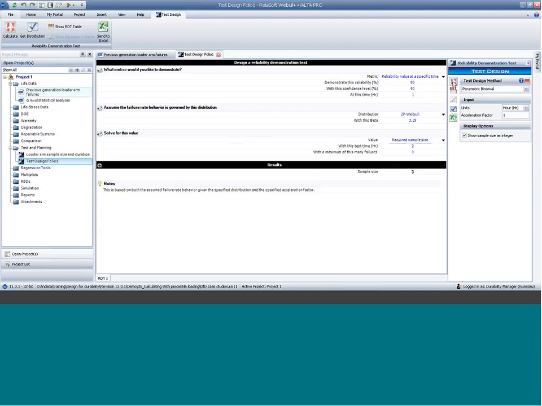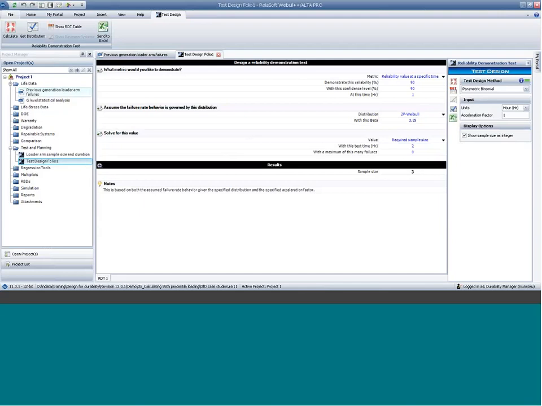So we'll go run this again. This looks better. Now this says we could actually use 3 samples. So if we can get 3 samples to test 2 lives and not fail, based on this distribution, we can then infer R90, C90 at 1 life.